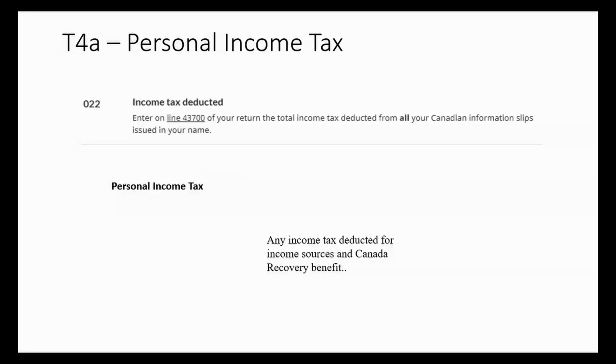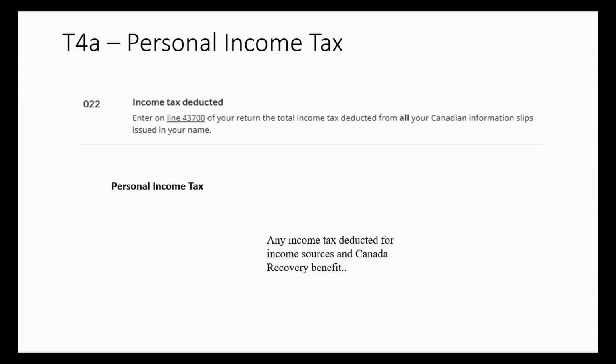Apart from that, you have box 22 or code 22, income tax deducted. Your income tax deducted would be the same kind of income tax deducted that you have for your T4 slip. However, for your T4 slip, your deductions are based off your employment income. For code 22, your income tax deducted on your T4A is based off your benefits.